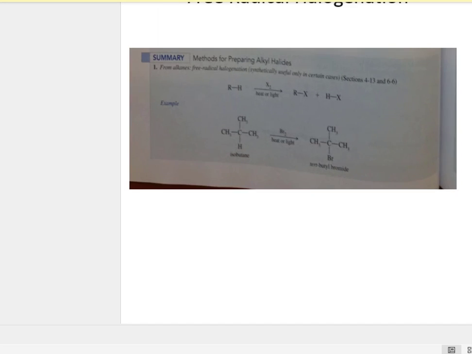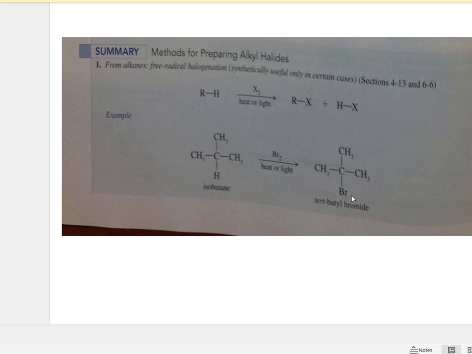If we zoom in, what this is trying to tell us is that if I have a carbon, that's where this R is, and a hydrogen, and I have something like chlorine, bromine, or iodine with heat or light, in our case I think it's light, then it's going to replace the hydrogen with the chlorine or bromine or iodine. The example here has a hydrogen sticking off the carbon. Just note that it could be any one of these hydrogens. This is just one of the options.